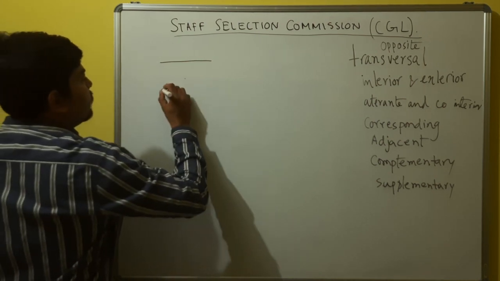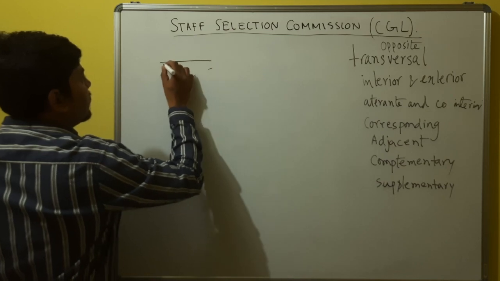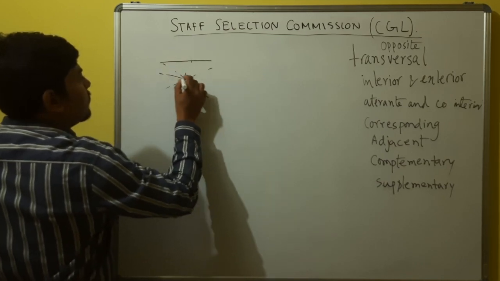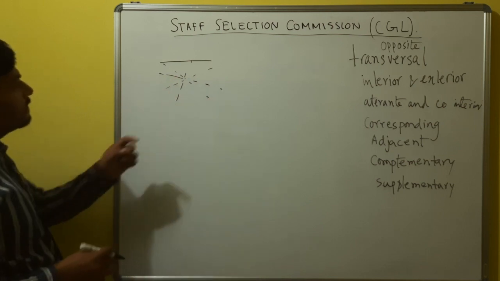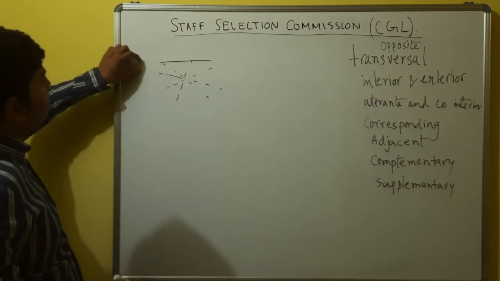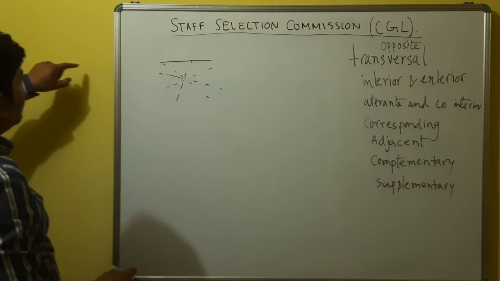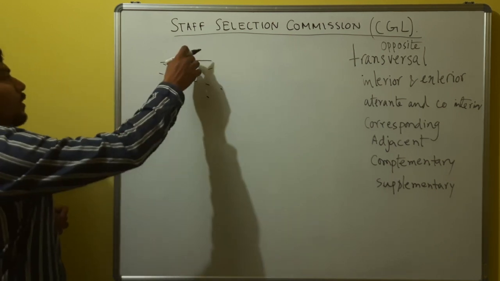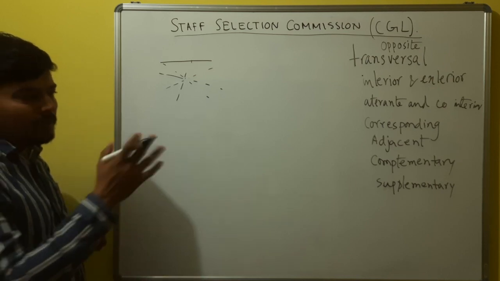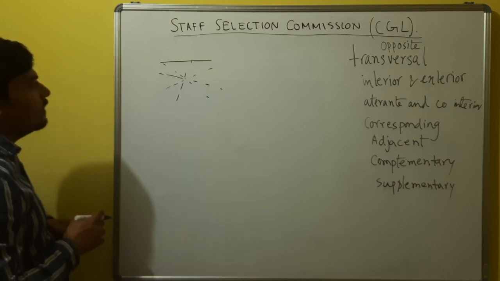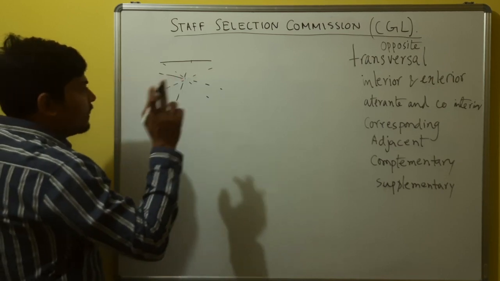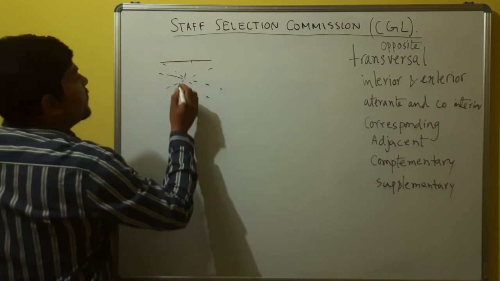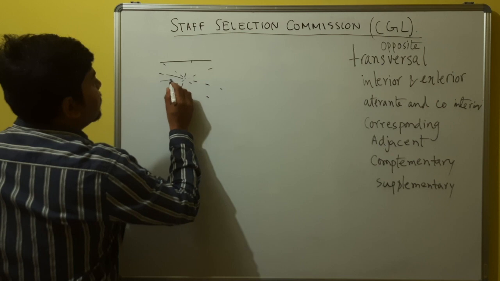From there, I could draw several lines. All the lines, at some point, are going to cut or meet this line at some position. But only one line I can draw which will never meet this line from this point.